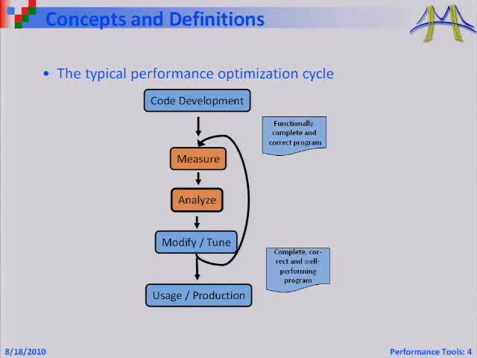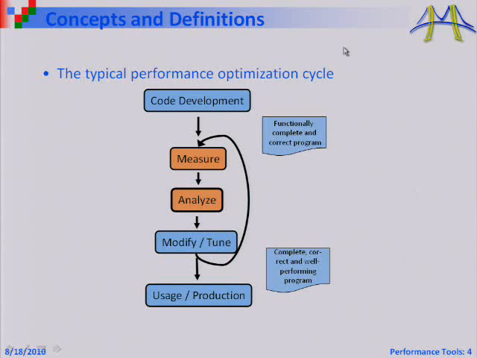All right, so let's have a look at the typical performance optimization cycle. You start out with your code development, and when the code development itself is finished, you hopefully have a functionally complete and correct program. And then you embark on this cycle of analyzing the performance and improving the performance. You do that by measuring the code, by analyzing the data that you get out of it, and by modifying and tuning the code.